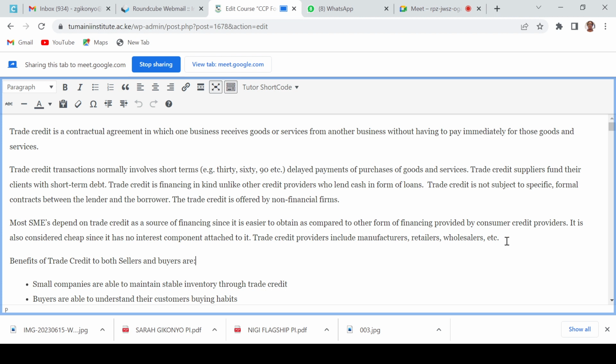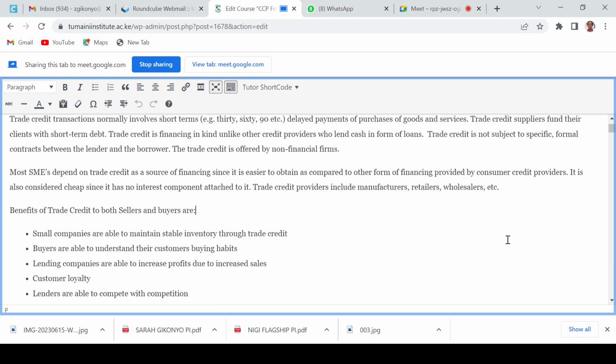So we see that it is also considered as cheap. Remember, when we were talking about consumer credit, there are so many components and aspects. There are interest charged, there are penalties charged. But when it comes to trade credit, hapa ukichukua unga ilikuwa ni 1,000, itakuwa tu ni 1,000 ukilipa. Sio kama mkopo.